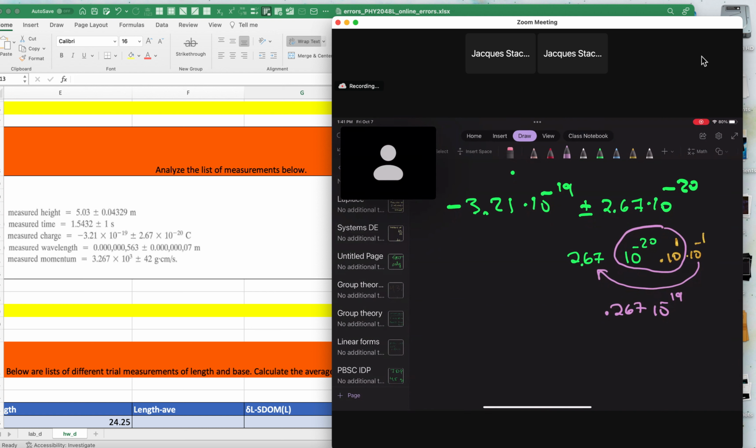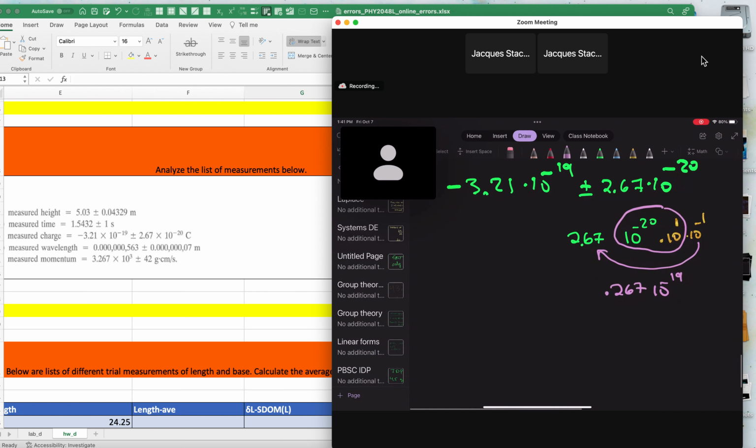So now we have them both in the same power of 10, so let me just rewrite that. You have minus 3.21 times 10 to the minus 19, and then plus or minus 0.267 times 10 to the minus 19.